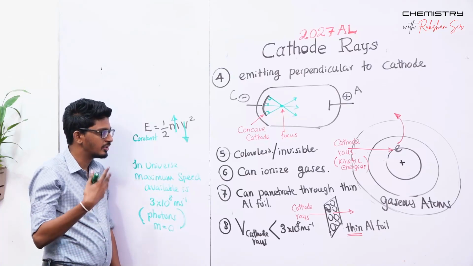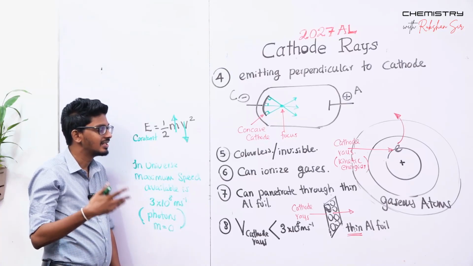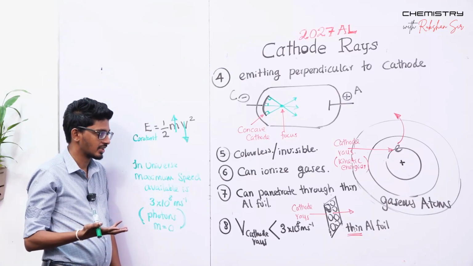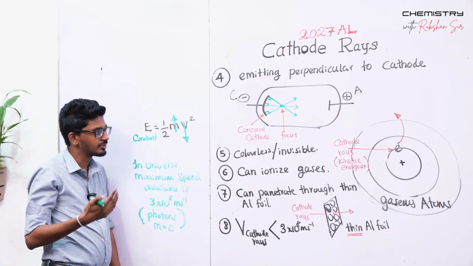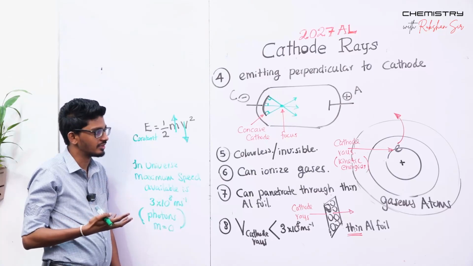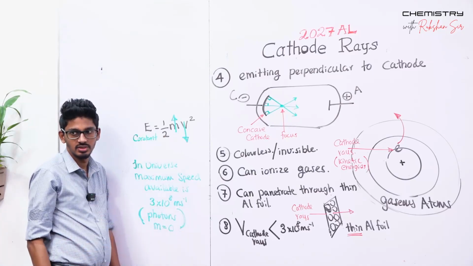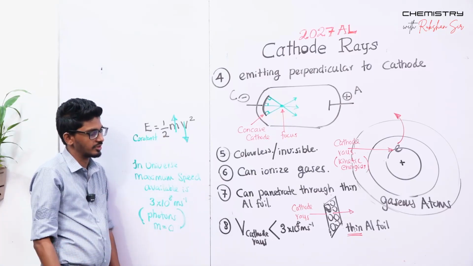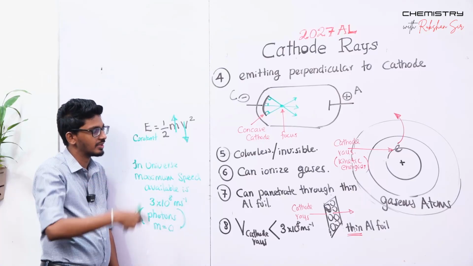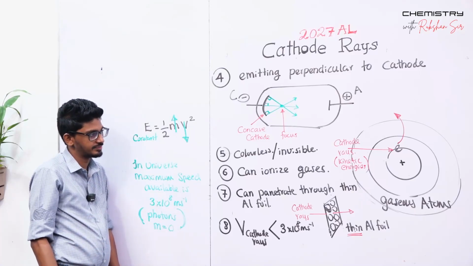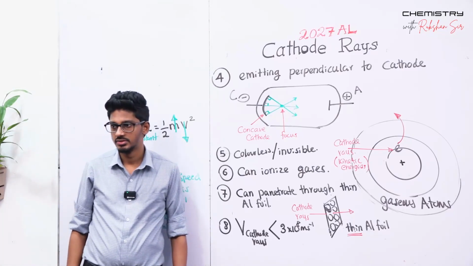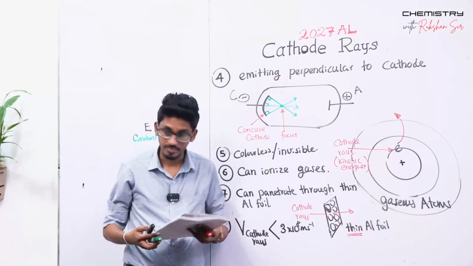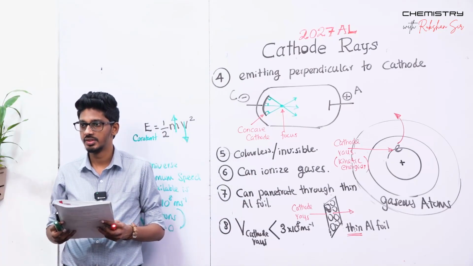So proton, neutron, helium atom, neon atom, oxygen molecules, the maximum speed associated with all of those is less than the speed of light. Not only is that true of cathode rays, but also of all the other material particles. That is the idea we should gather from point number 8. Any questions regarding those things?